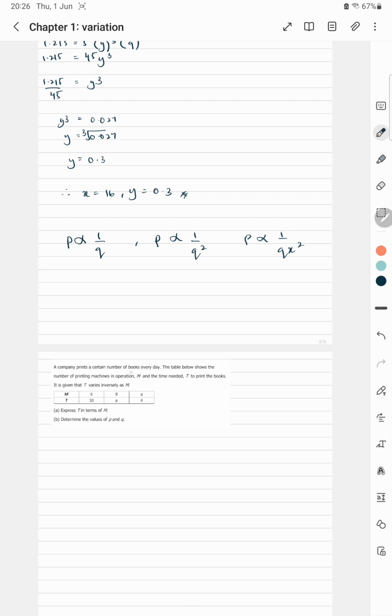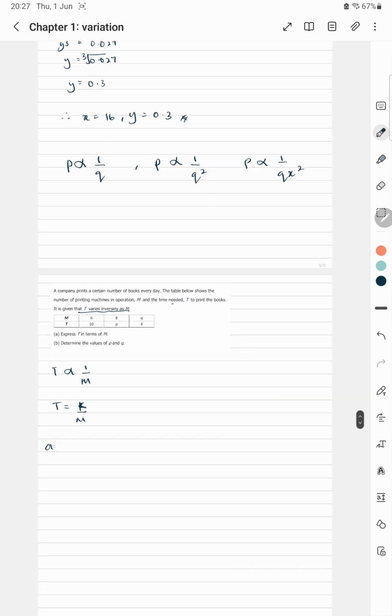A company prints a certain number of books every day. The table below shows the number of printing machines in operation, m, and the time needed, t, to print the books. It is given that t varies inversely as m. So when we change this into the equation form, it should be t equals k over m.